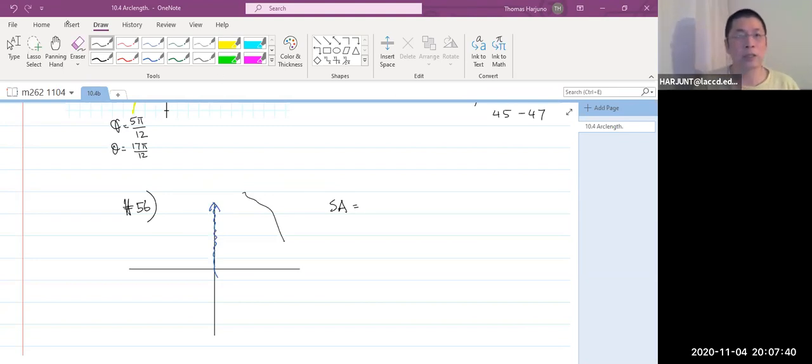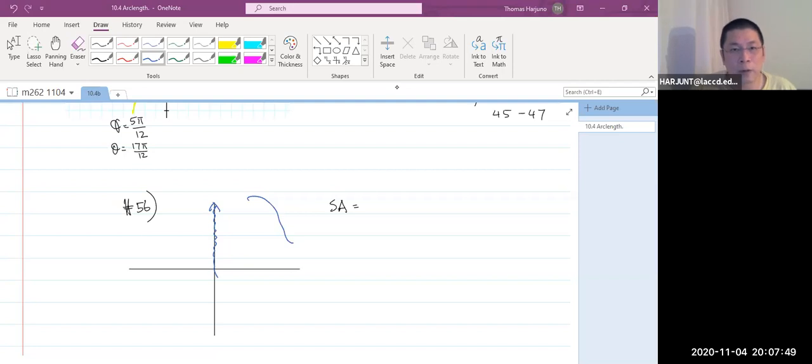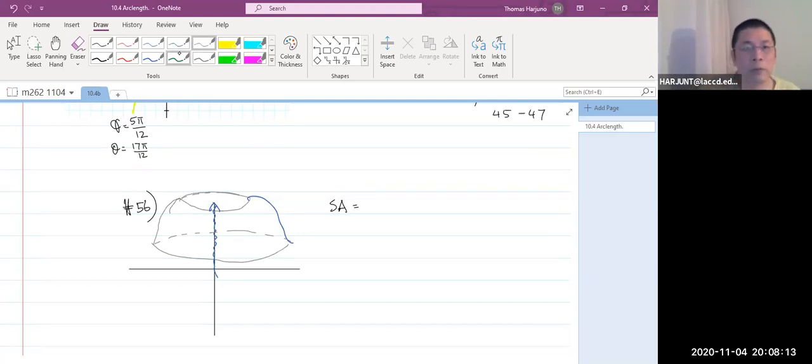So let's say this is the curve, and I want to rotate this with respect to the y-axis. Now find the area of the resulting surface. The way we learned it before was like this.